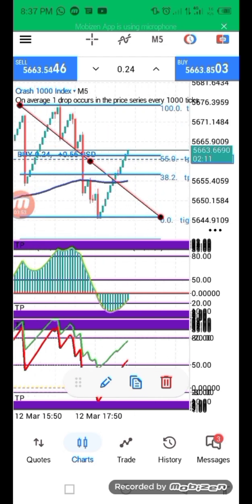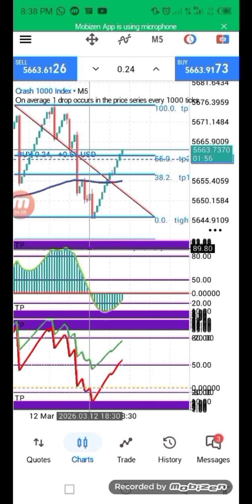So here, this is a late entry. If I had entered earlier, TP1 would have been hit and TP2 would have been hit. This is a scalping strategy. Mind you, this is M5. One candle here is equivalent to 5 candles on the M1. So let's just see how far it goes, despite the fact that this is a late entry.